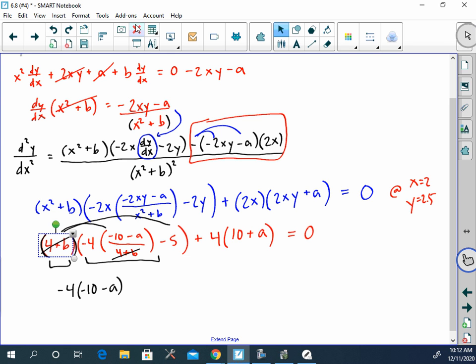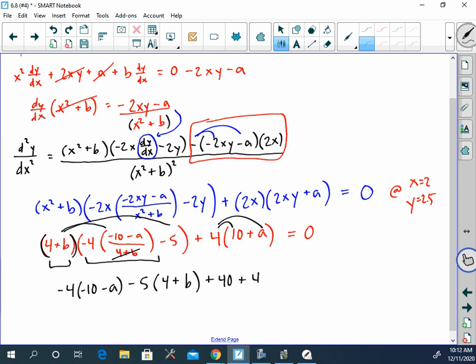Then I'm going to take this times what's in the back. So now I've got a -5 times 4 plus b. And then this I'm just going to distribute now. Let me know if I mess something up or if something doesn't match. And then I'm going to distribute these pieces next. We're going to see if this gets us somewhere close.